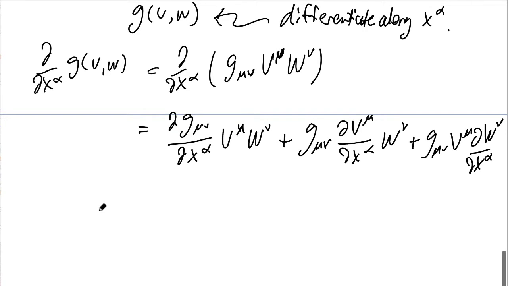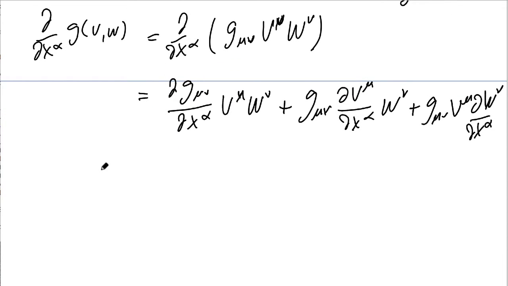Now here's the key piece of reasoning. Let's say that this vector field v is not just any arbitrary vector field, but is constructed in the following way. Let's say that we start with a vector at this point, and we'll call the vector v, and then we extend it into a vector field, a vector at each point in this region, by parallel transporting this vector.